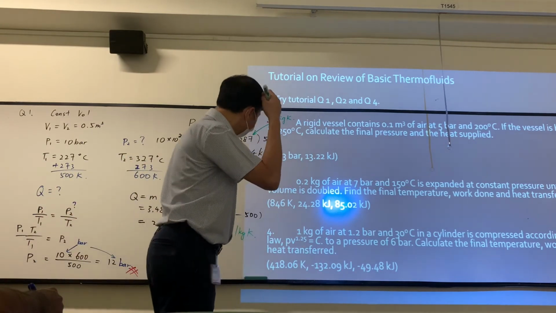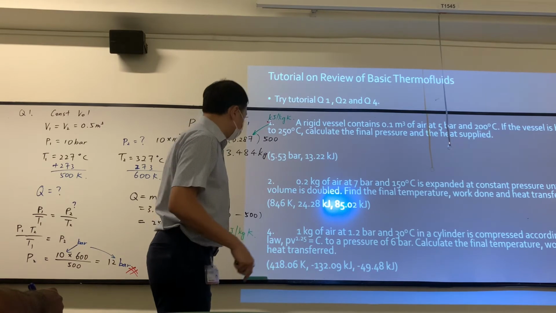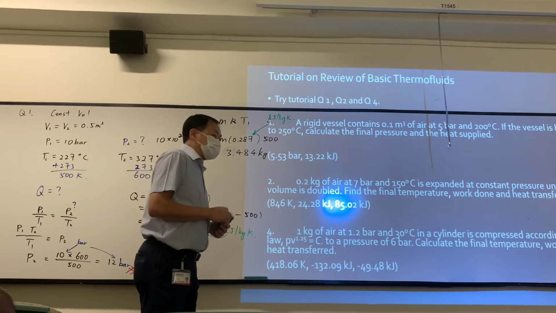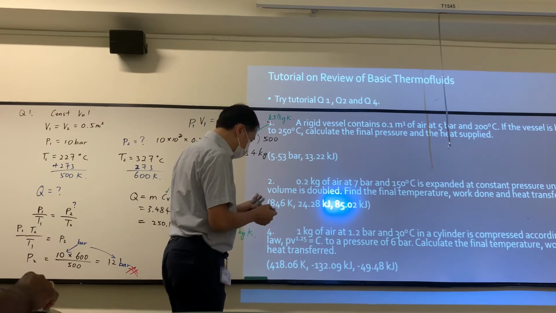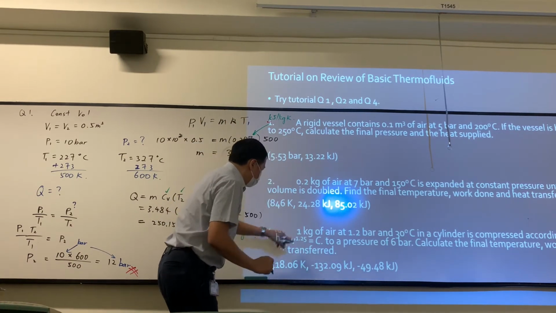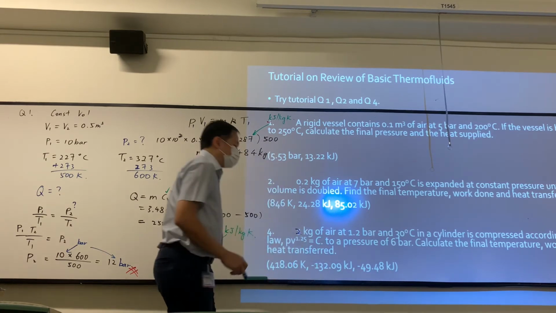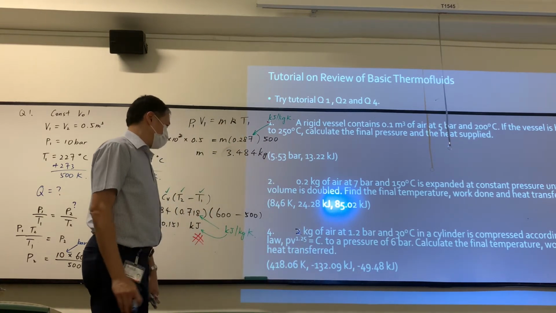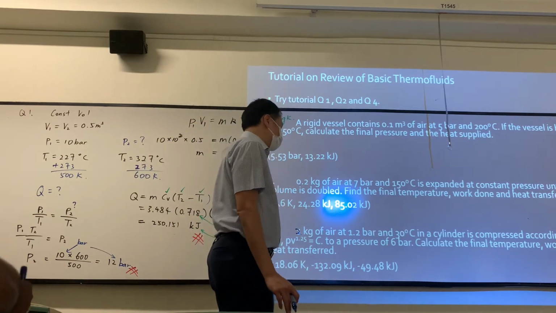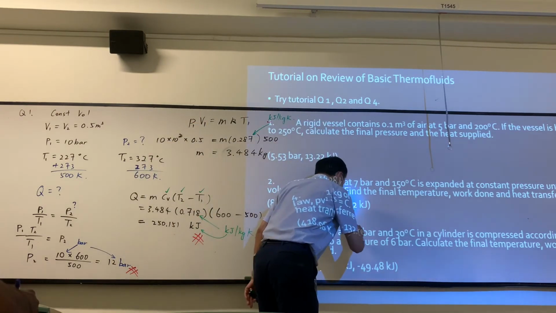Still have a bit. Okay, number 4, this is 1 kilogram of air. Similarly, I will change the numbers. You know my style already, so let me do it this way. Instead of 1, I put 2. Okay, 2 kilogram of air has a pressure of 1.2 bar. Instead of 1.2 bar, I change to 1.5 bar.